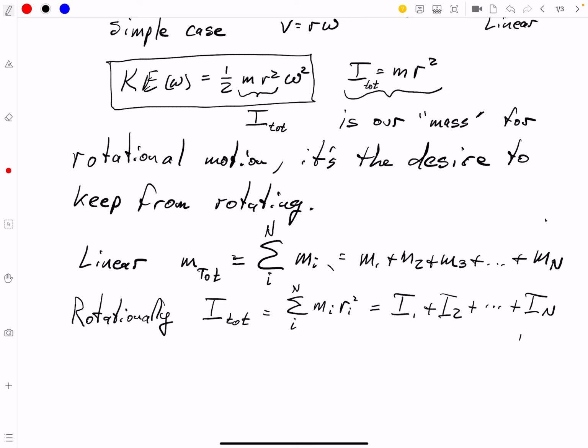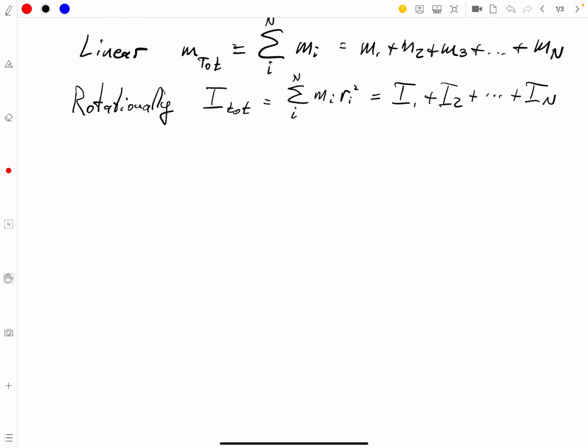Okay, so far so good. Let's do more on moment of inertia. We talked about it in class.